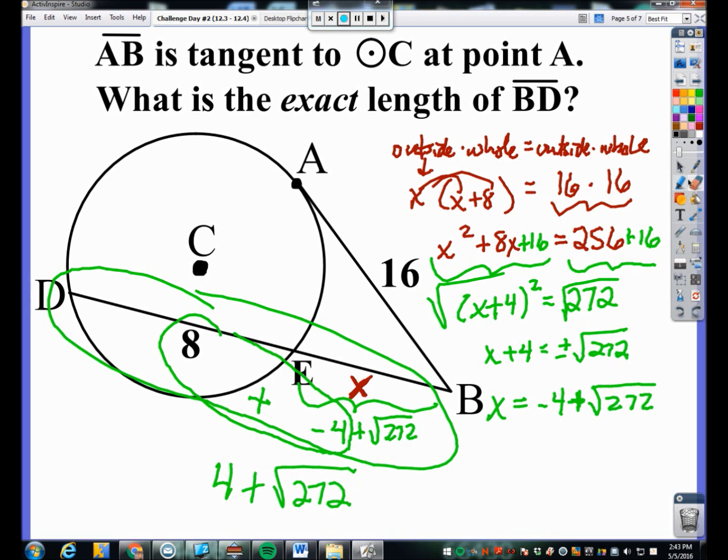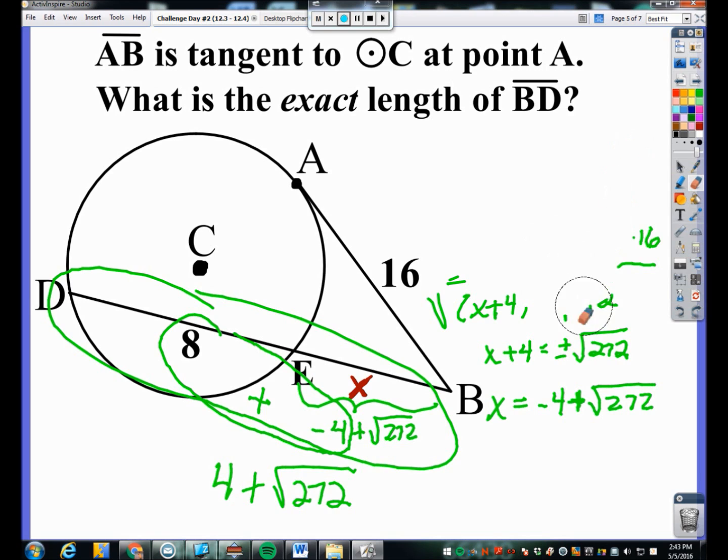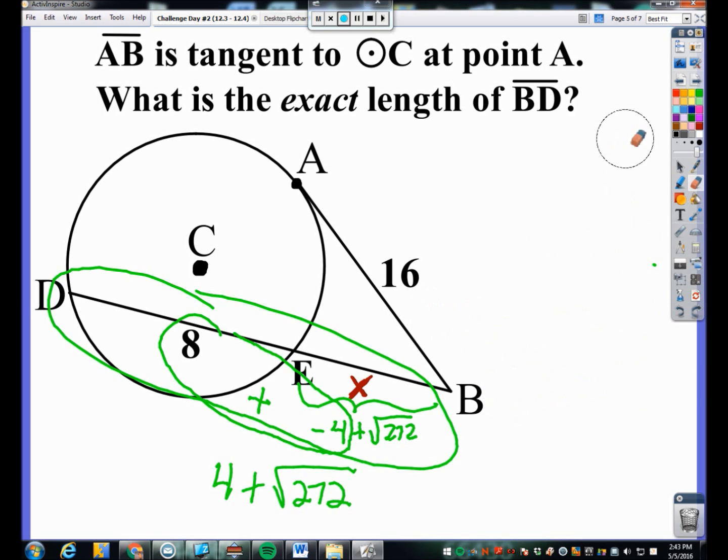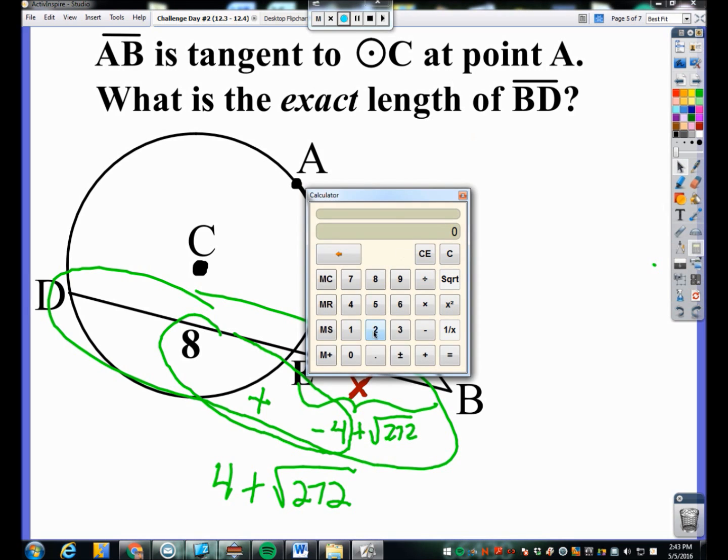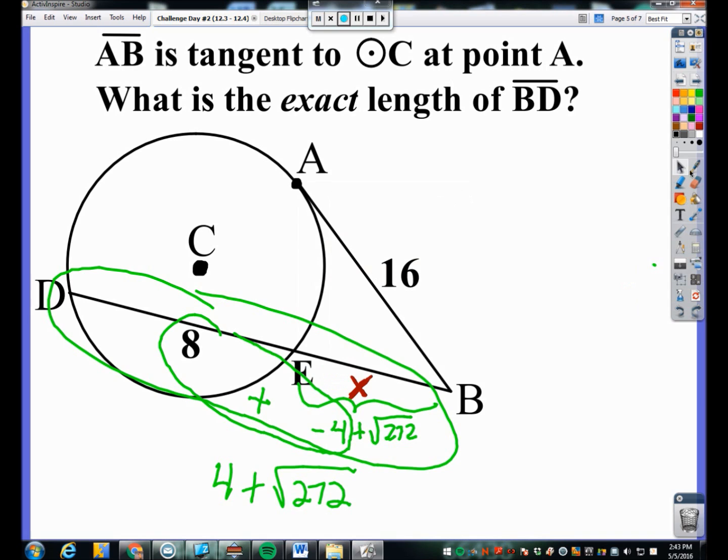And my last little thing of business here would be to simplify, if possible, the square root of 272. Now, let me see here. Calculator, 272 divided by 4. Hey, that works. Can 4 go into that? And it can. So if I can divide 4 twice, that meant I could divide 4 and another 4, which is really 16.